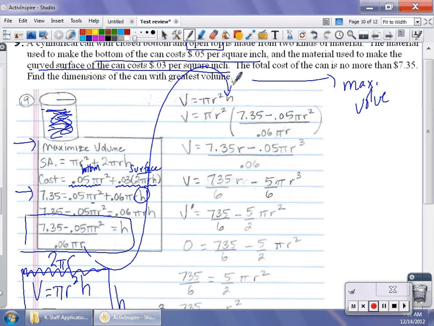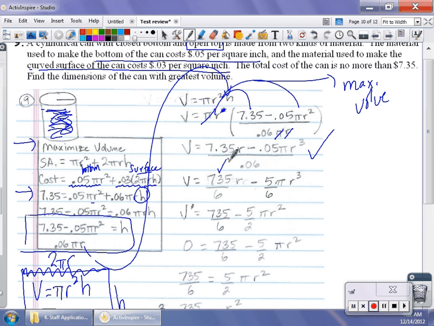Then I divided out a pi, and I divided out one of the r's with an r in the denominator, and then I distributed the r, and that's how I got to this step right here. Then I got rid of my decimals by multiplying the numerator and the denominator by 100, so that's how I got 735 over 6.